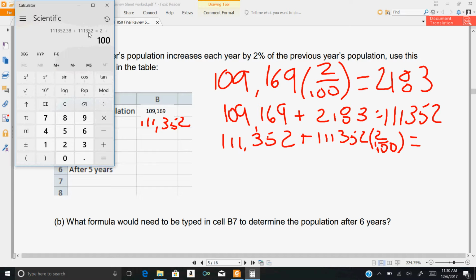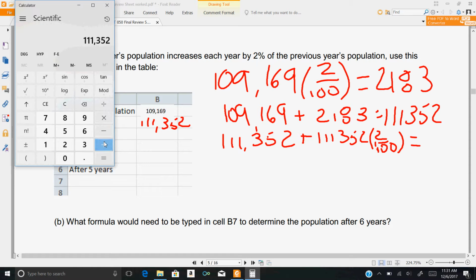It's doing the multiplication before it does the addition. Sorry, it did not. Let me do that again. So I'll have to do parentheses now. That's why we have to think about math. Calculators don't always do what we think they will.